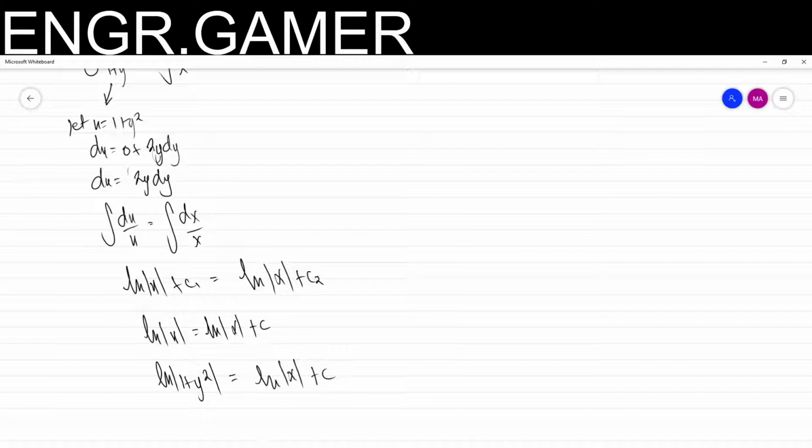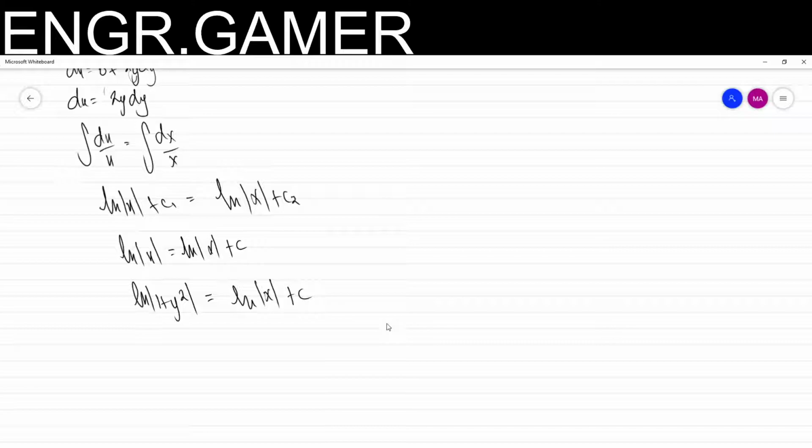Okay, tanggalin natin yung ln, logarithmic function. So, kung na-review nyo yung sinend ko sa inyo na file or yung topic nyo sa Calculus 1, we have 1 plus y squared is equal to e to the c times x. Okay?